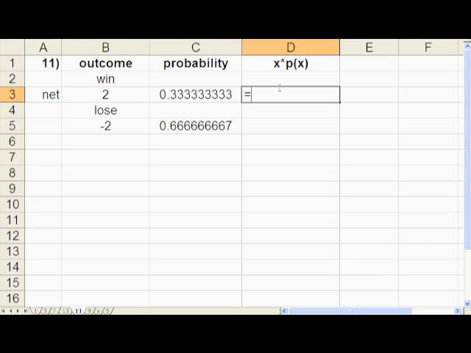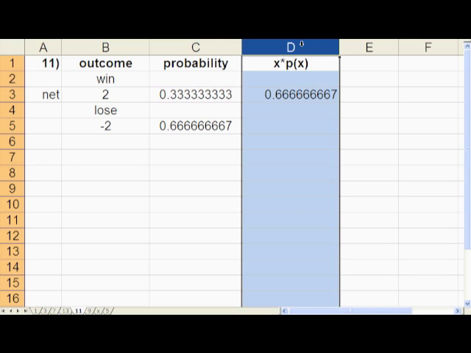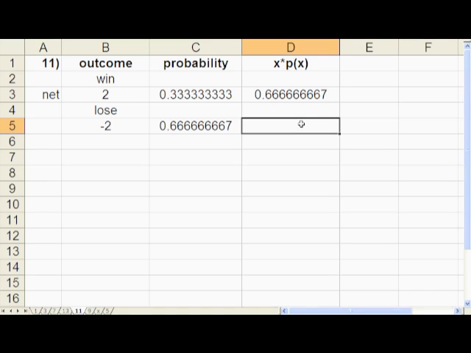Using the definition of expected value, we take the $2 and multiply it with its probability. We take the negative $2 and multiply it with its probability.